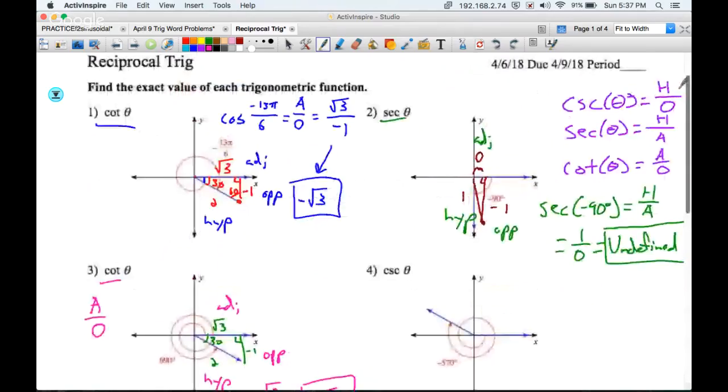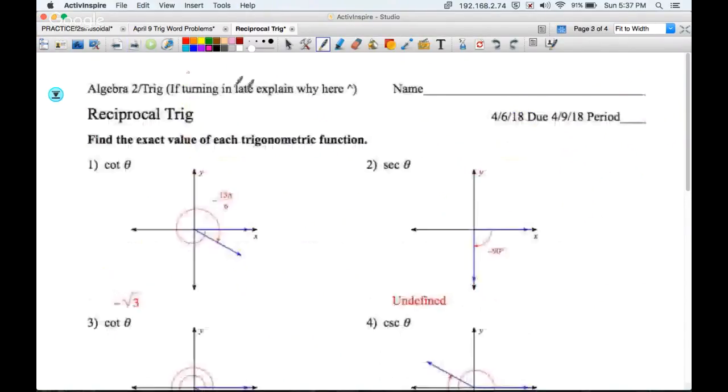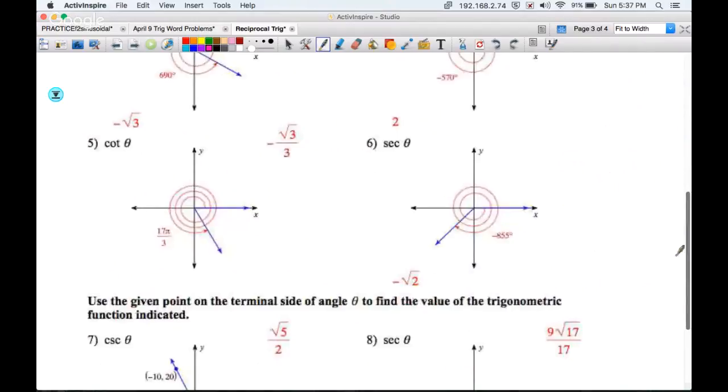Cosecant is hypotenuse over opposite. This is the opposite. This is the hypotenuse. Hypotenuse over opposite will be 10 root 5 over 20. Divide the top and the bottom by 10, and I'll get the square root of 5 over 2. Let me see if that one matches up to our answer key. Square root of 5 over 2. Yep, there it is.